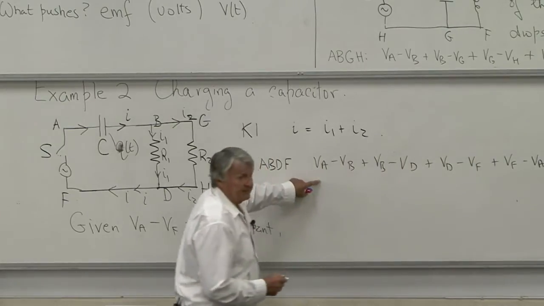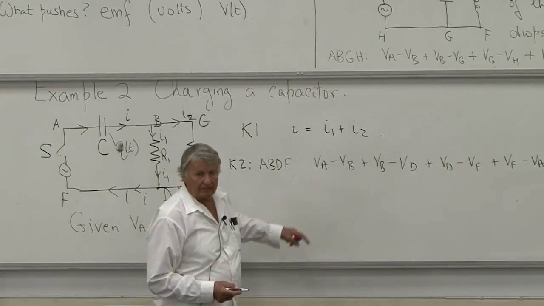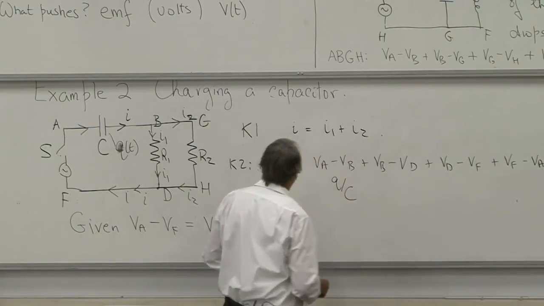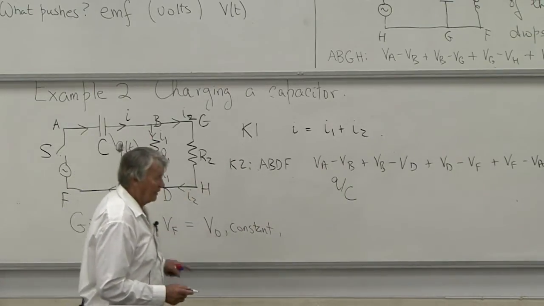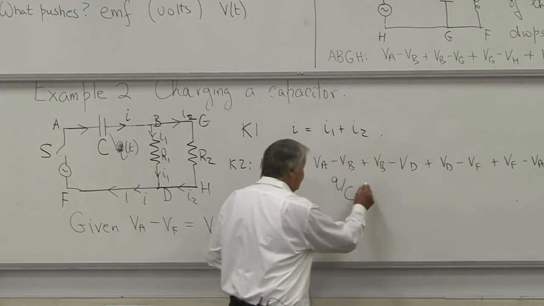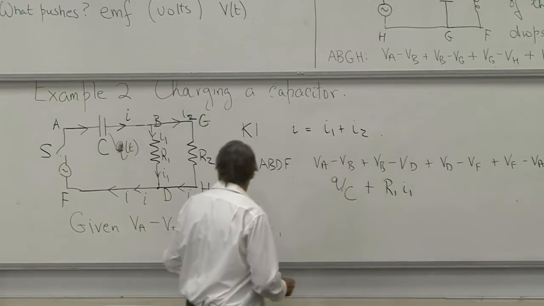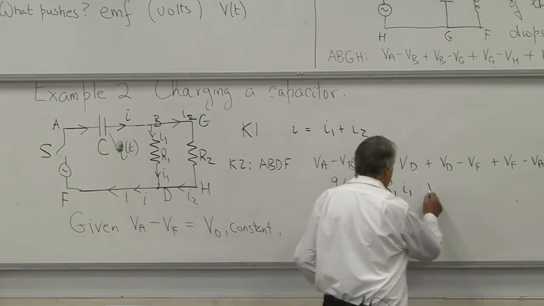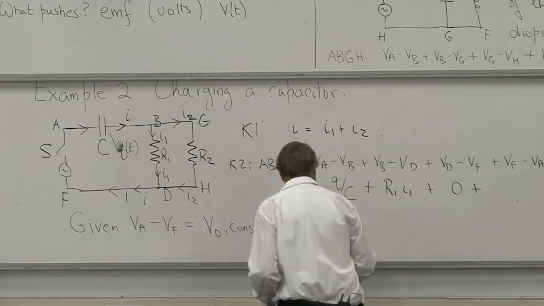What's VA minus VB? Q over C. What's VB minus VD? R1 times I1. What's VD minus VF? 0. And what's VF minus VA? Negative V0.